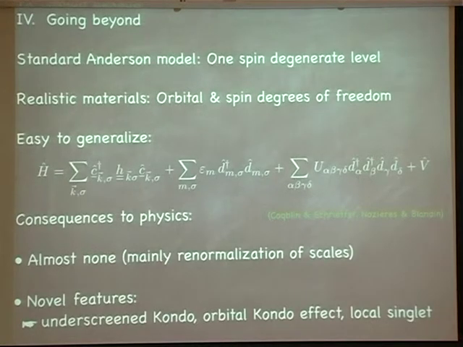How does this spin get compensated? And the answer is, it can't be. There are not enough states available, but what you find is the under-screened Kondo effect. So a part of the spin will be screened, and this also gives rise to quite interesting behavior of the physical quantities. Since orbitals are involved, you might also have the orbital Kondo effect, or both, or whatever.